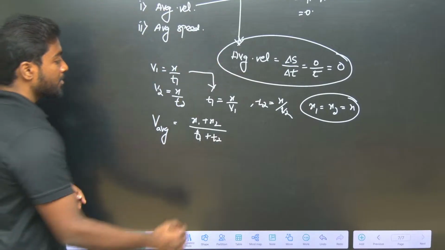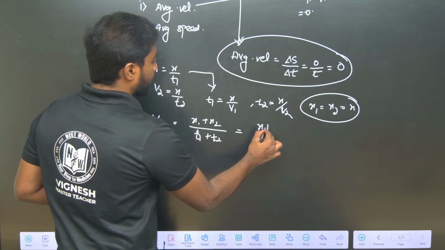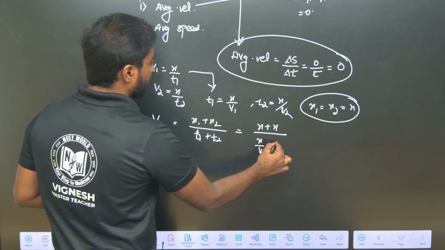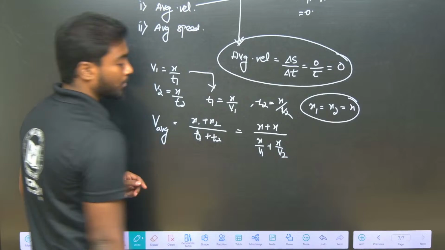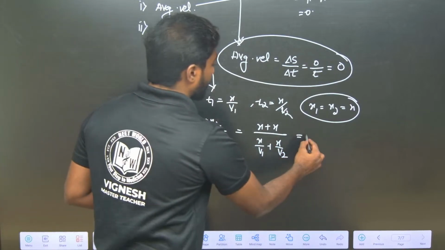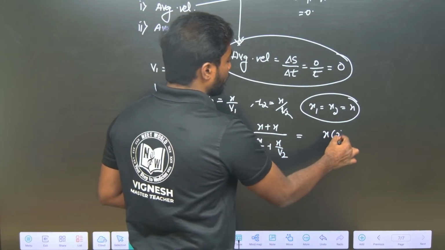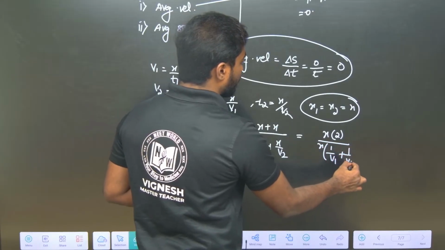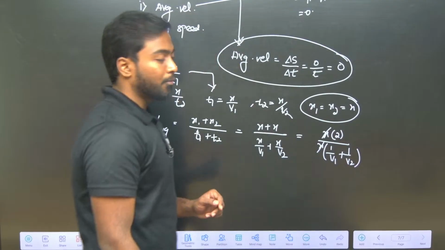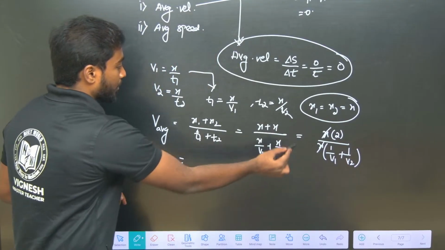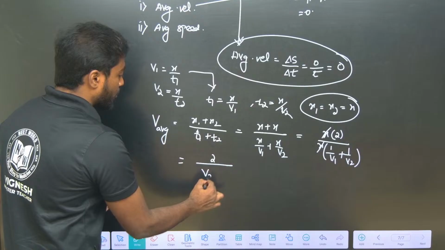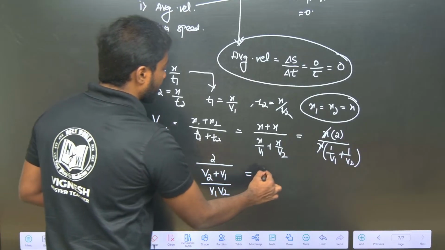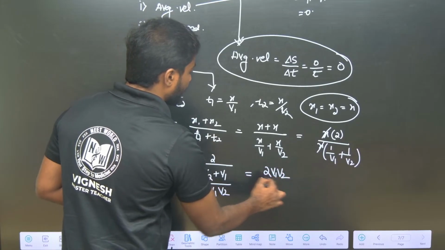So I'll write x plus x by t1, x by v1 plus t2, x by v2. I'll take x common outside: x into 2 divided by x into 1 by v1 plus 1 by v2. x and x will get cancelled off. So I can say 2 by (v2 plus v1) by v1 v2, which is nothing but 2 v1 v2 by v1 plus v2.